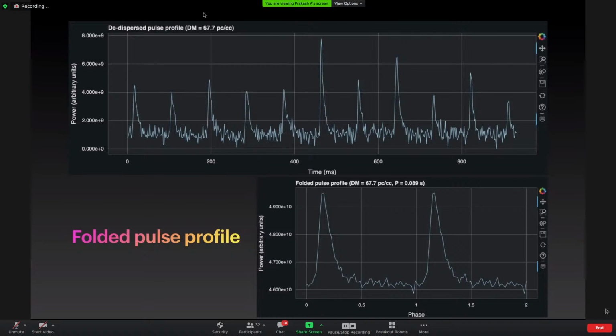And the second question is, how does the time resolution relate to the dispersion smear? Yeah, the time resolution you can attain is limited by the level to which you can correct for dispersion effects.